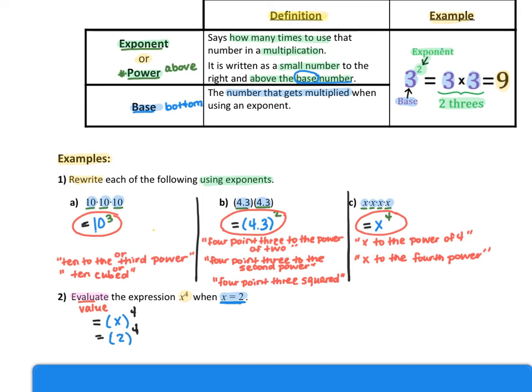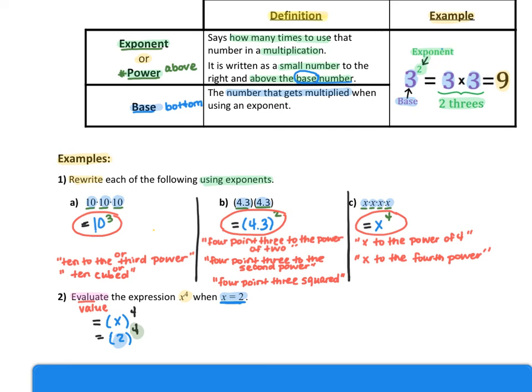Now we have to take what we just learned from this lesson to find the value of 2 to the power of 4. We need to know which number is the base, 2, and which number is the power, 4, and remember what each of those numbers tells us. The power tells us how many times to multiply the base by itself.